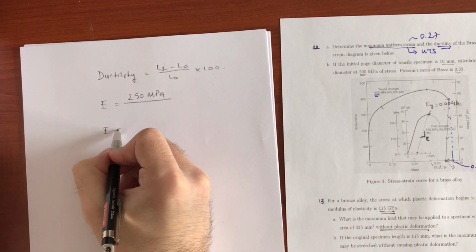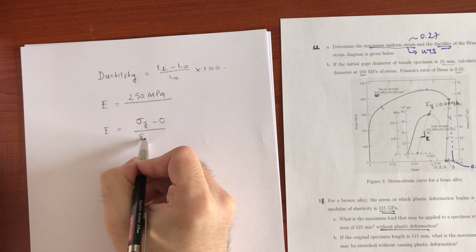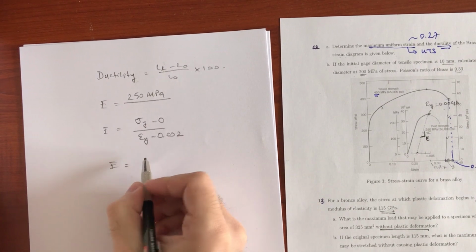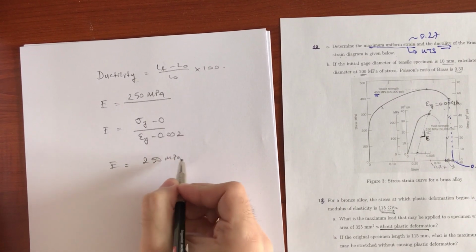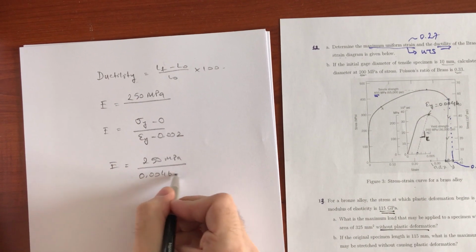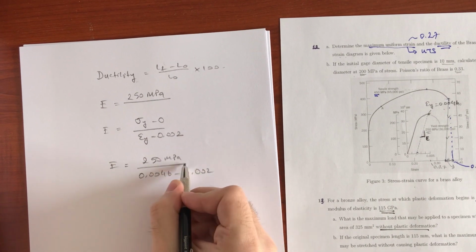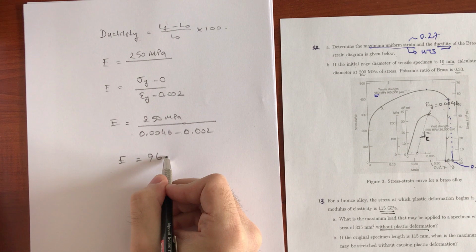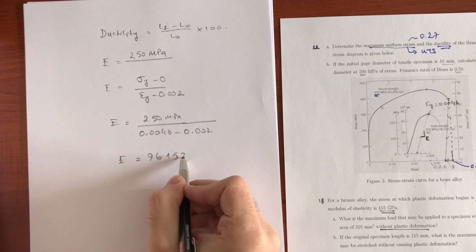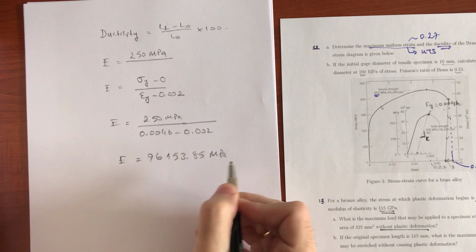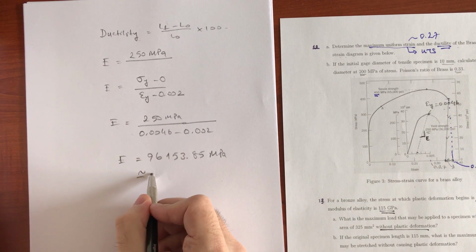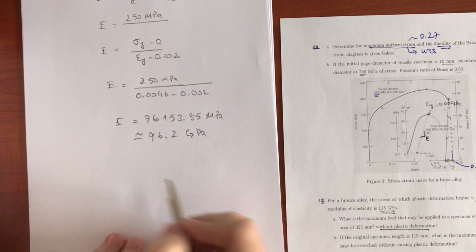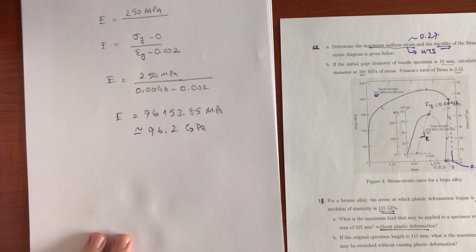If we rewrite this, then Young's modulus is going to be 250 megapascals divided by 0.0046 minus 0.002, and that turns out to be 96,153.85 megapascals. You can round this, in terms of gigapascals, to 96.2 gigapascals. So that's the Young's modulus for the material.